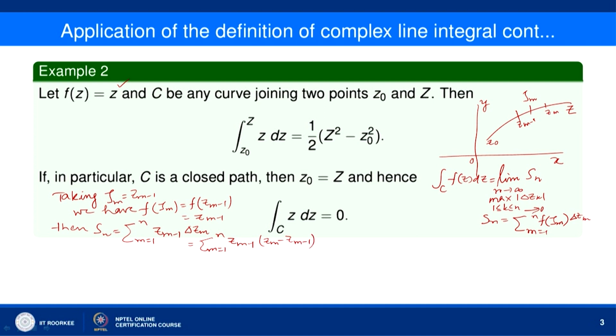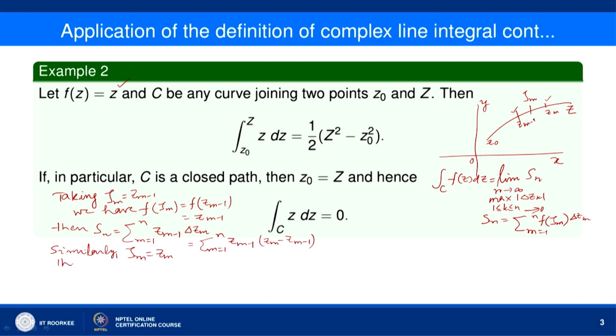Now, similarly, let us take zeta m equal to Z m. First we have taken zeta m equal to Z m minus 1, now we take zeta m equal to Z m.